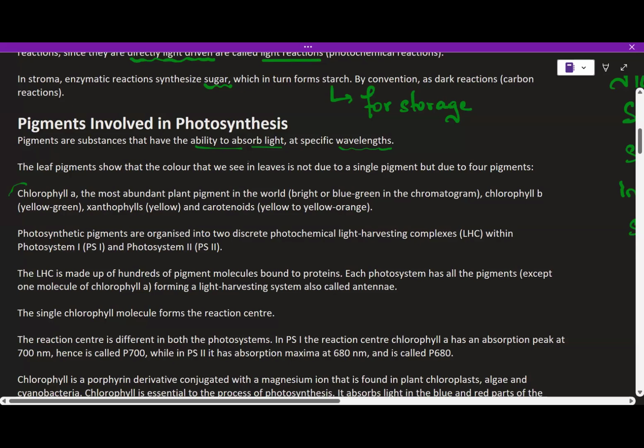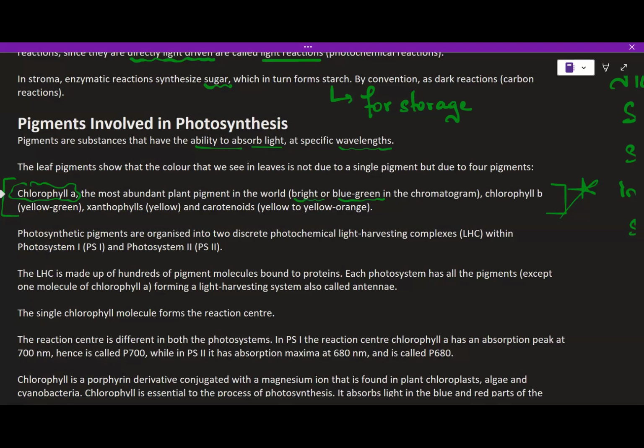Such as the chlorophyll A molecule. It is the most abundant pigment in the plant, and this whole part is important, students. The color which the pigment has is very important. The chlorophyll A molecule is bright or blue-green in color. When you do the chromatography, it will appear bright or blue-green.